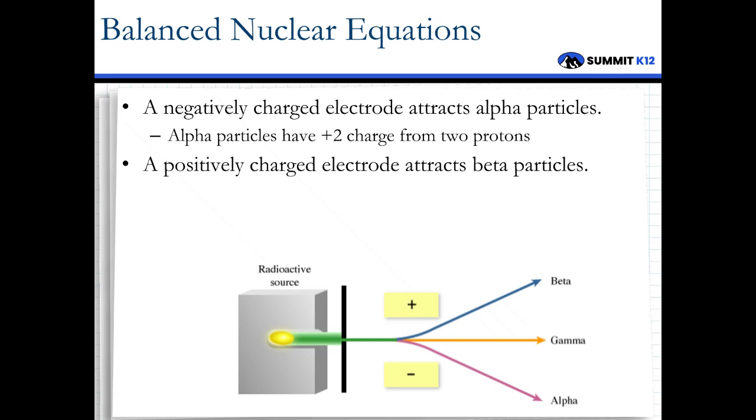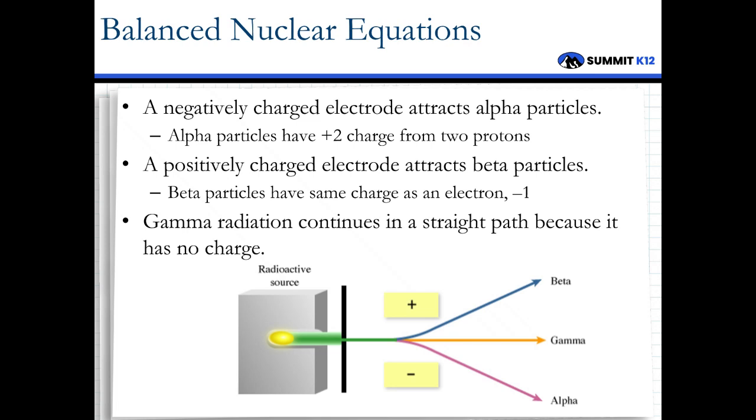And why do you think that is? Correct, because they have the same charge as an electron, so -1. And we know that opposites attract, so they're going to go in the opposite direction. Gamma radiation continues in a straight path because there is no charge. The image below shows alpha particles, beta particles, and gamma radiation changing direction towards the positive and negative poles.